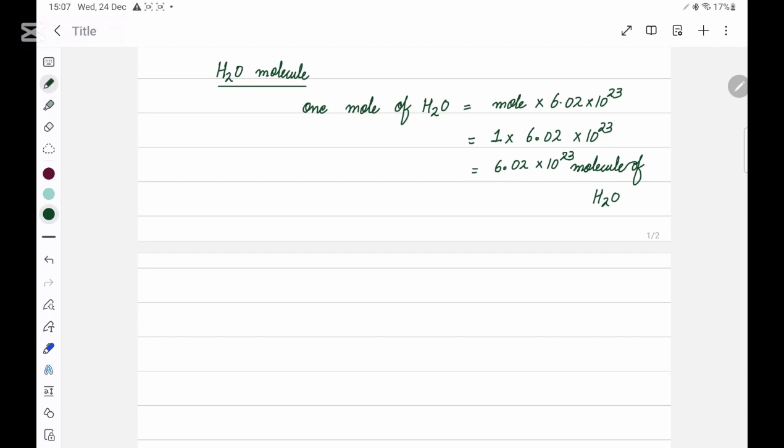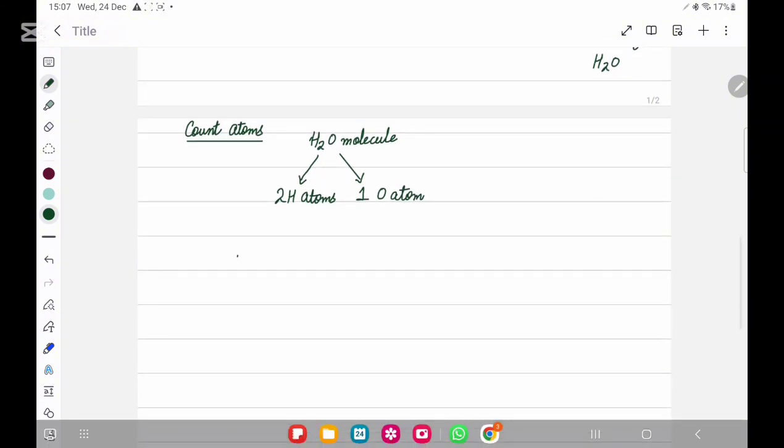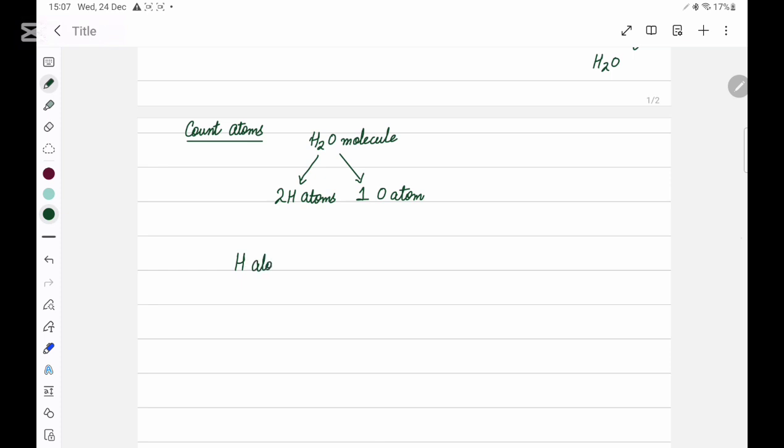But if we want to count atoms in it, you are going to see that 1 mole of H2O contains 2 hydrogen atoms and 1 oxygen atom per molecule. So let's first count the hydrogen atoms.